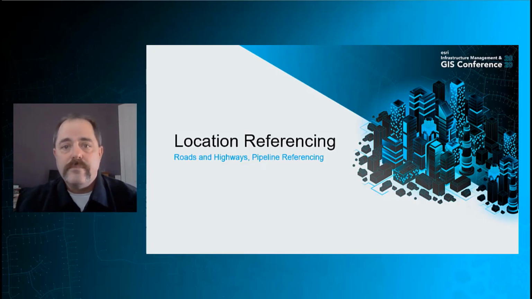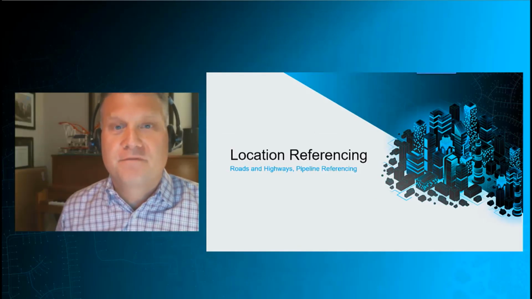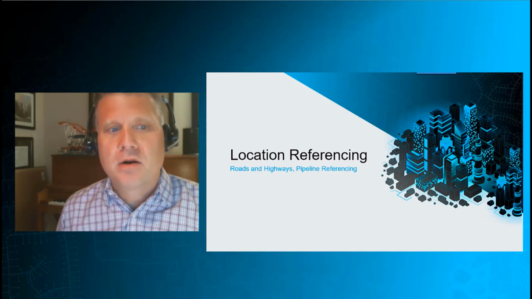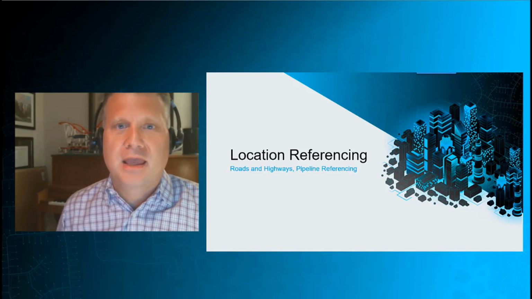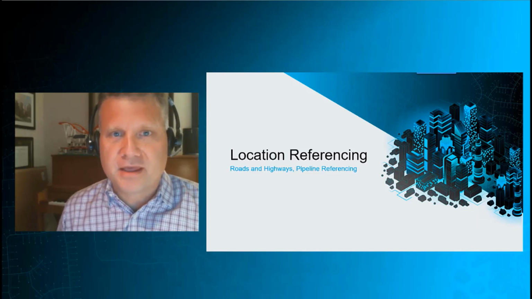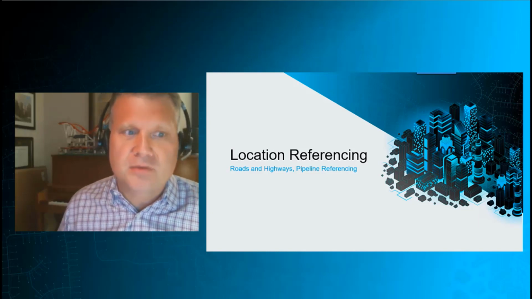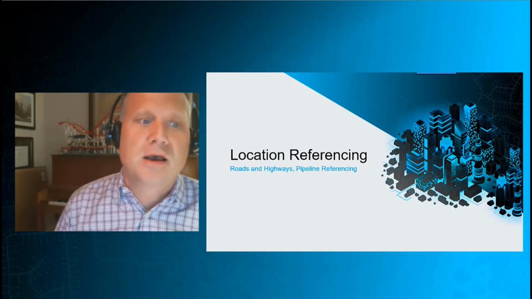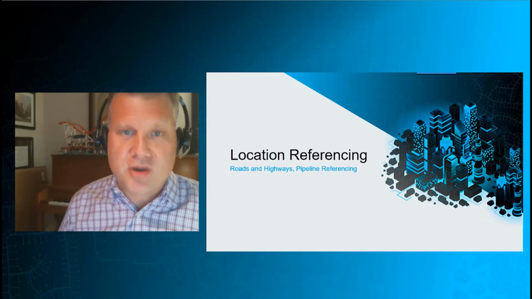Eric? Thank you, Jim. For the next 10 minutes, I'm going to be discussing ArcGIS location referencing. Specifically, I'm going to talk about roads and highways and pipeline referencing. Roads and highways and pipeline referencing are the solutions that are bundled under the ArcGIS location referencing product. Depending on the industry you work in, you might use one over the other.